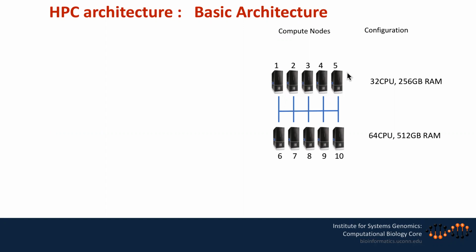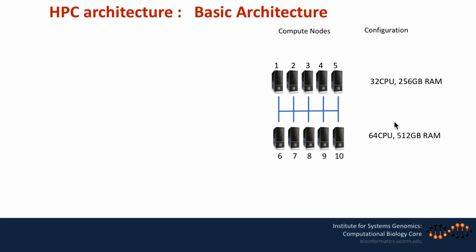These are machines with a configuration of 32 CPUs and 256 gigabytes of RAM. And then for the remaining 5 machines, we thought we'll get 64 CPUs and 512 gigabytes of RAM.